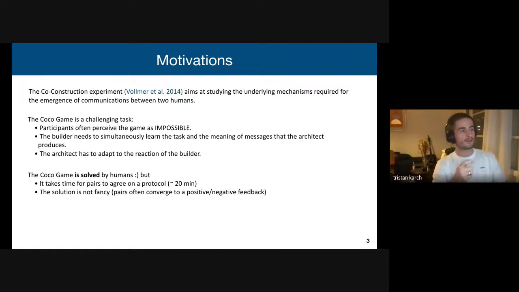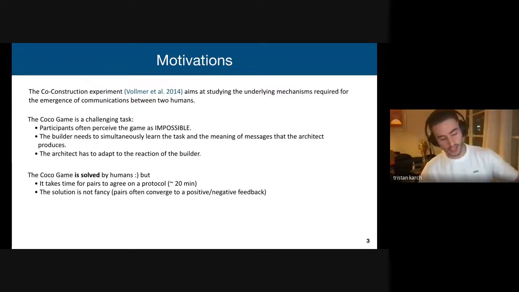The pairs often converge to a kind of positive-negative feedback, which basically involves the architect saying a good message when the action performed by the builder is bringing the solution towards the construction, and negative feedback when it's not the case.